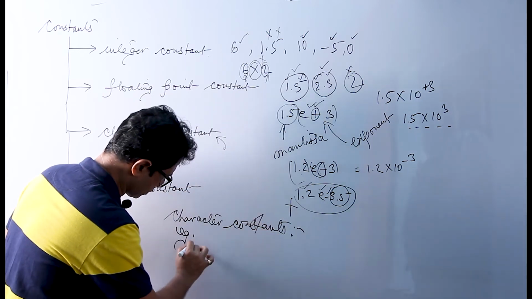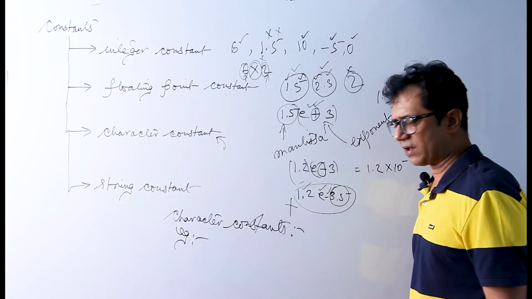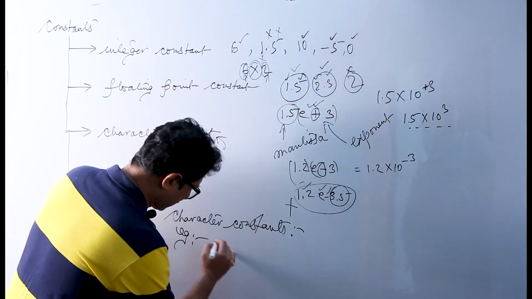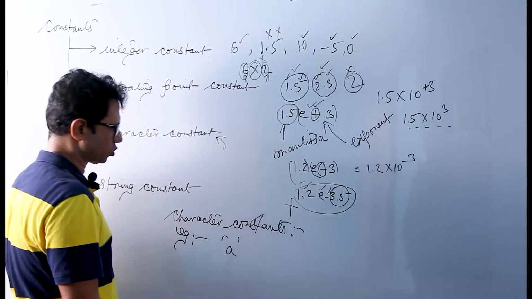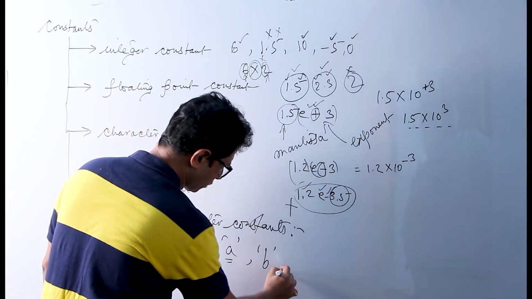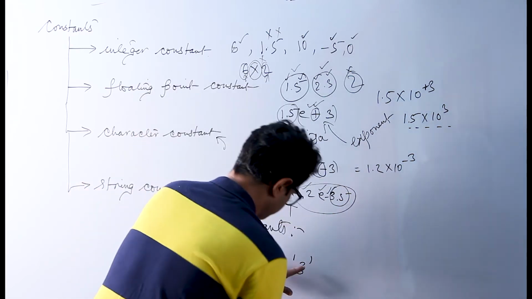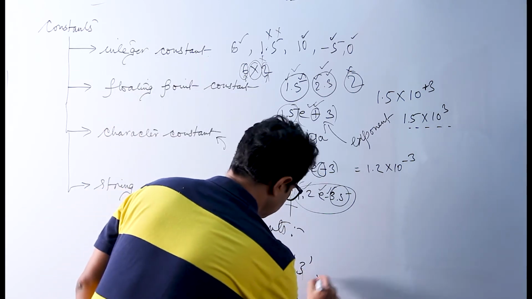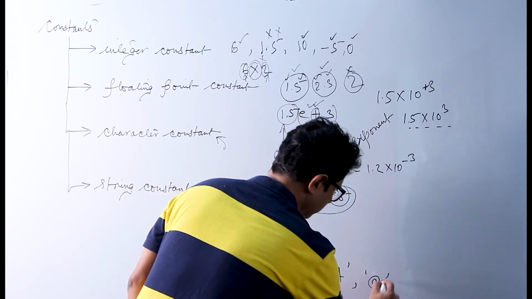Let us write a few examples and see which are valid and which are invalid, so we'll get it clearly. A character constant can be, I will take it like this: single quote A single quote, single quote B single quote, single quote 3 single quote, single quote capital A single quote, single quote @ single quote.